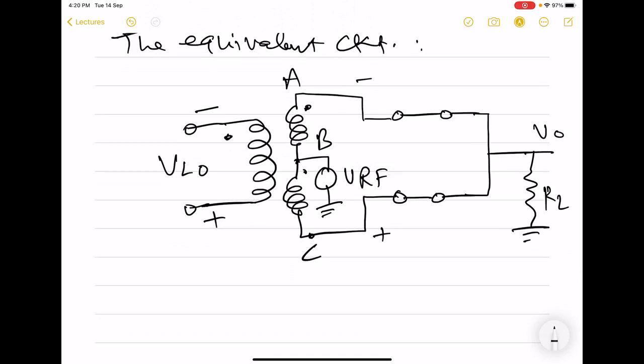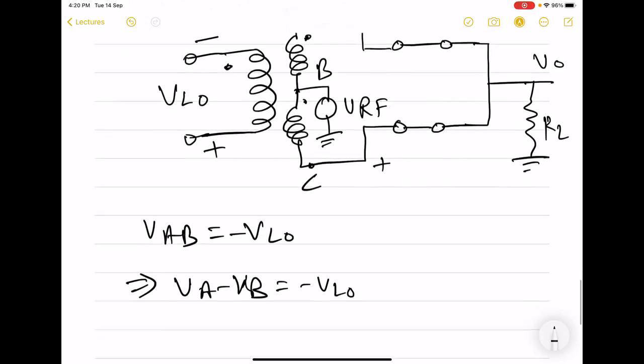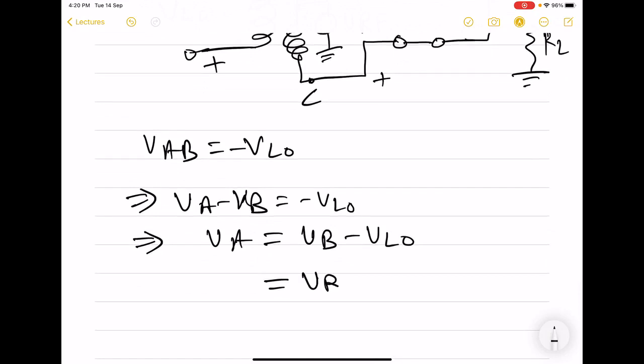Now LO is low, so we can recalculate VAB as VLO, which is in fact negative. So VA is VB minus VLO. So this is equal to VRF minus VLO.